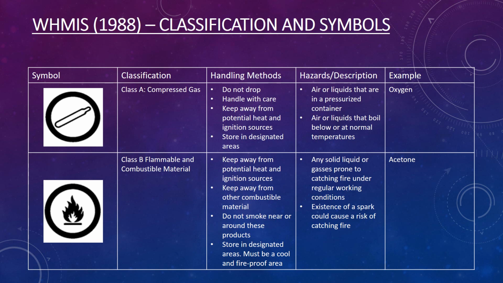Must be a cool and fireproof area. Hazards and description. Any solid, liquid, or gases prone to catching fire under regular working conditions. Existence of a spark could cause a risk of catching fire. Example, acetone.